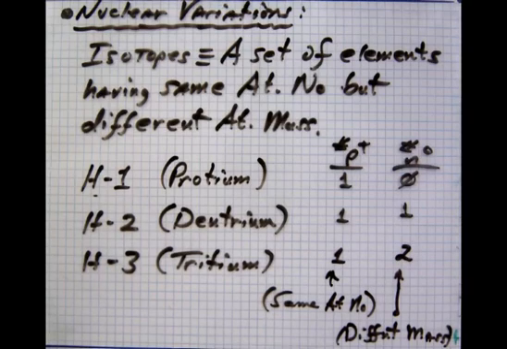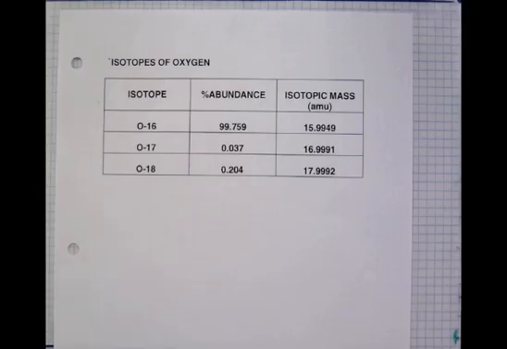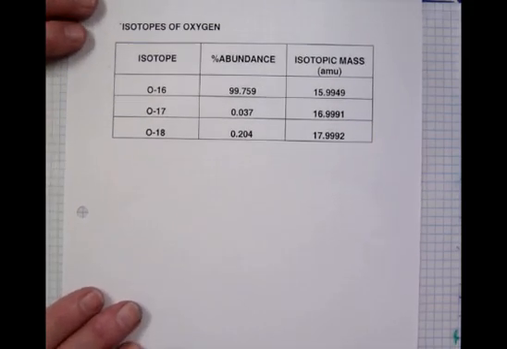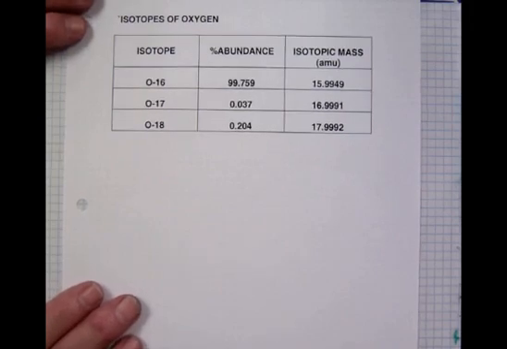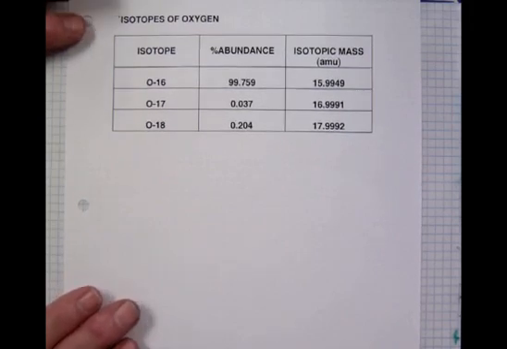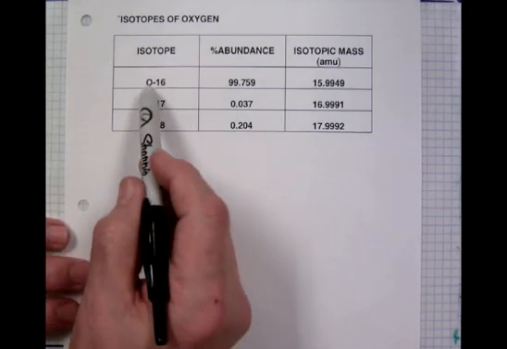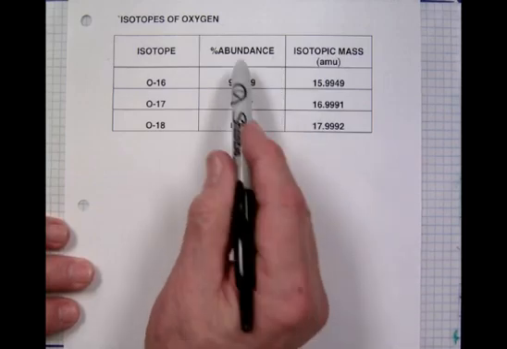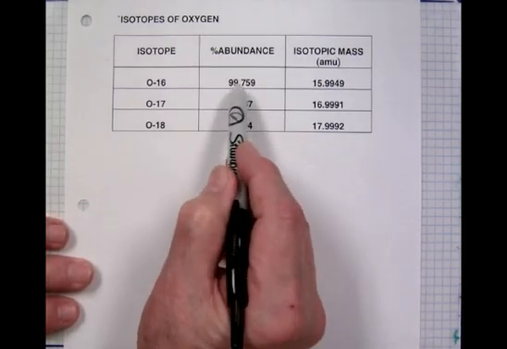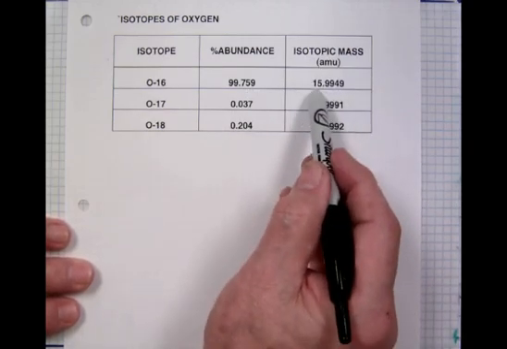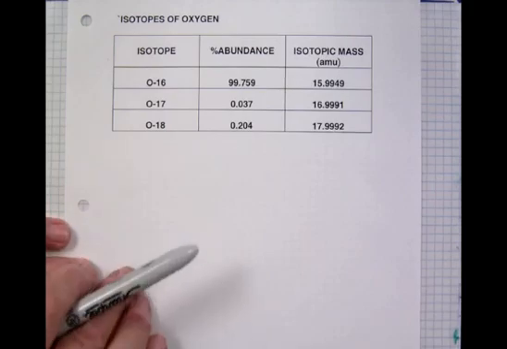Check, see something. This is some data identifying isotopes of oxygen. Here we see, sharper pen here. Here we see oxygen 16 has a percent abundance in the universe of 99.759 and an isotopic mass of 15.9949.